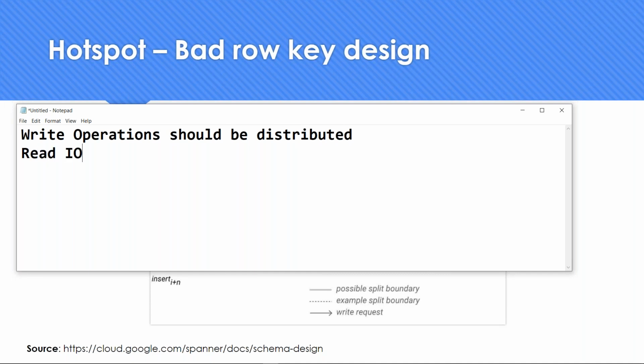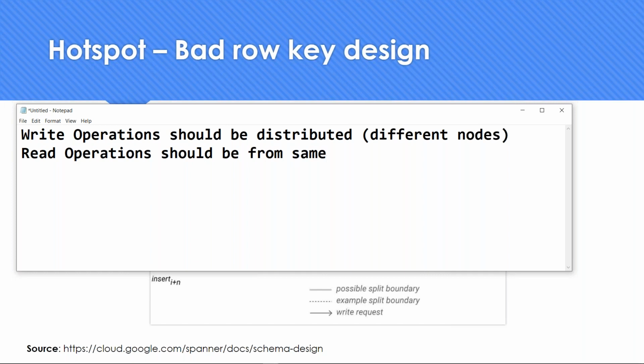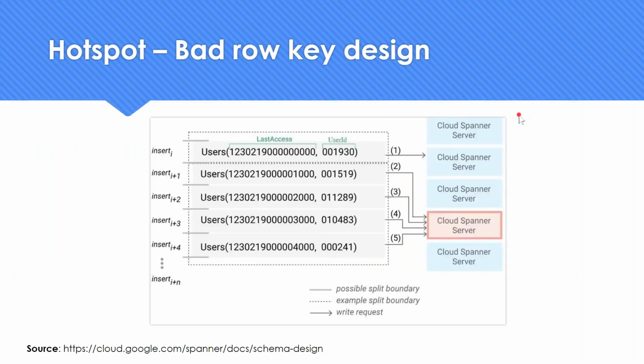Read operations, when you're reading something, should most of the time come from the same node. This should be a rule which you make sure works in every horizontally scalable system. So write operations should always be distributed, so no one node works too much, and there should be no nodes which are not even working.